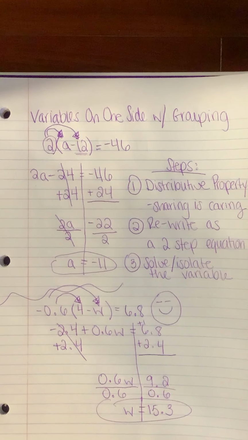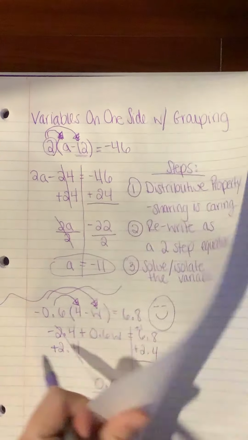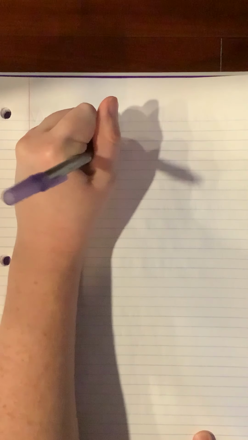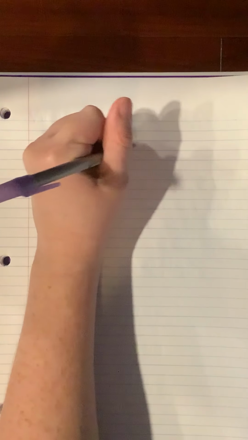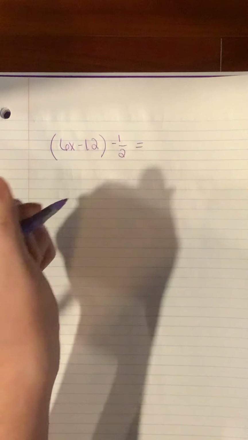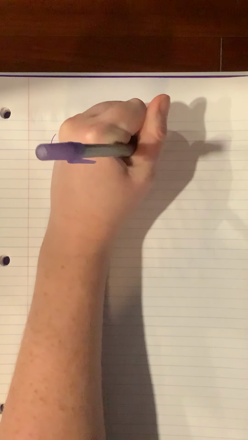All right, guys, let's look at one more example. You may also see a problem like 6x minus 12 and a negative half, and that equals 21.